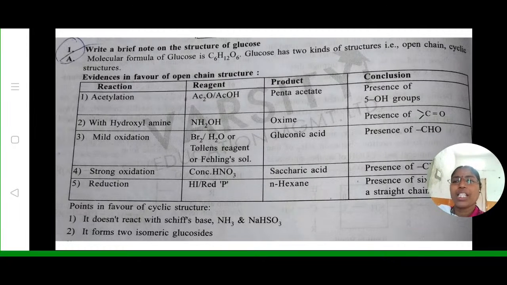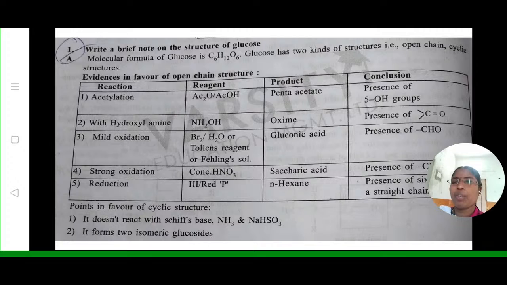Write a brief note on the structure of glucose. We have already discussed in the lesson the glucose structure and molecular formula, the straight chain form and the cyclic form of glucose.